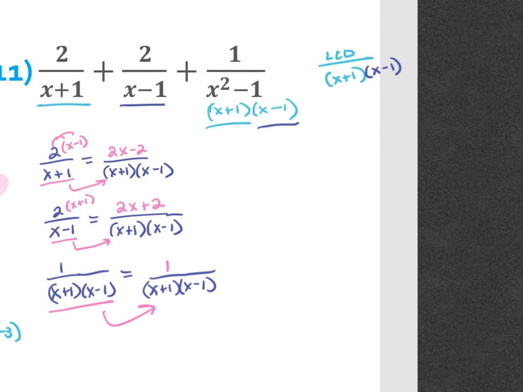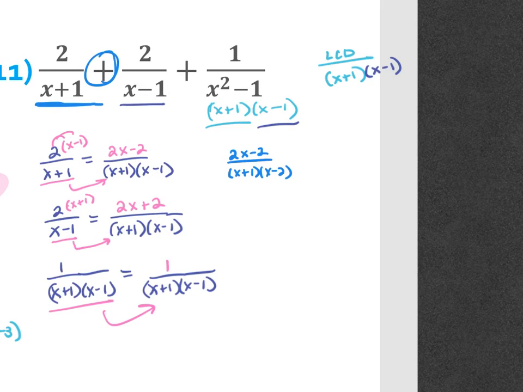So now I get the first one, which took the place of this, which is 2x minus 2 over x plus 1, x minus 1. Plus the second one, 2x plus 2 over x plus 1, x minus 1. Plus 1 over x plus 1, x minus 1.